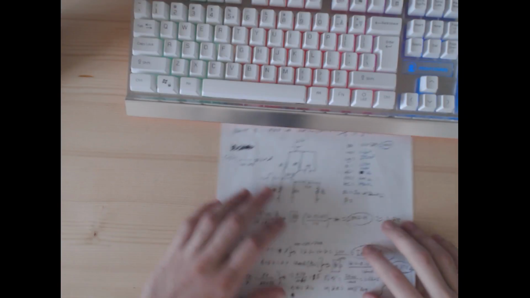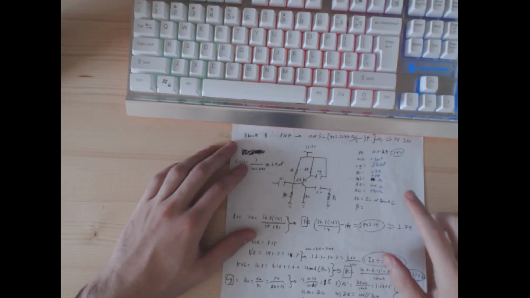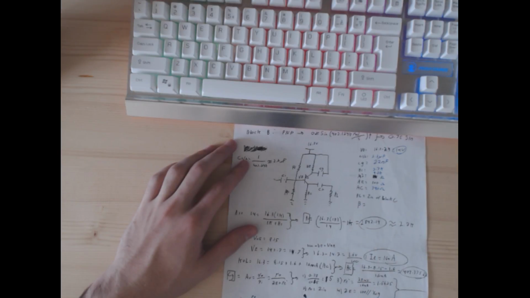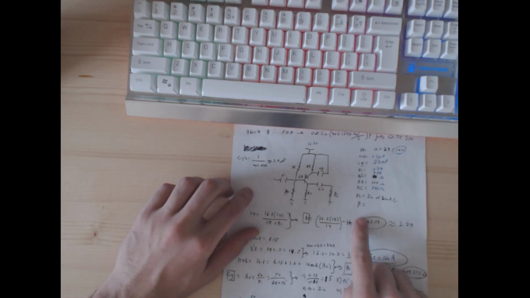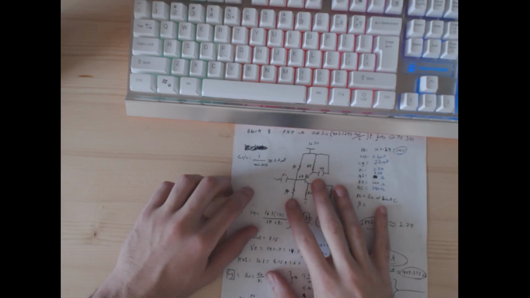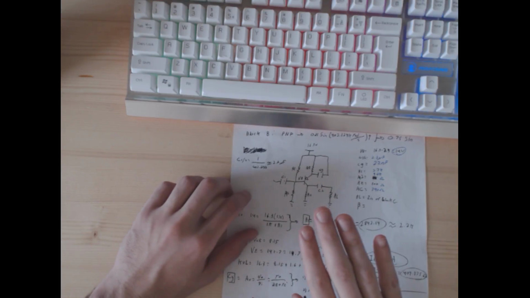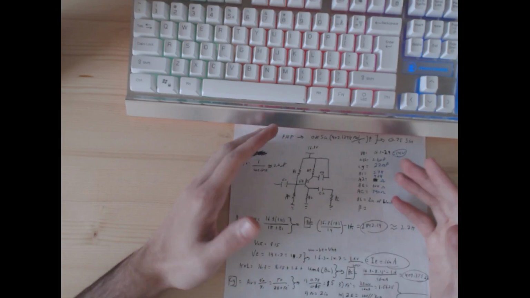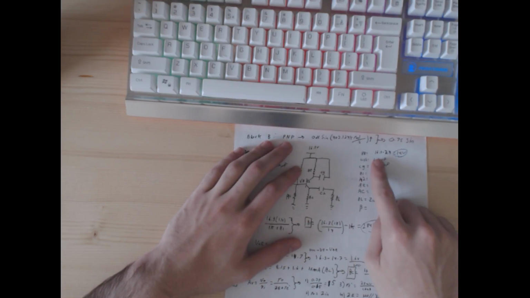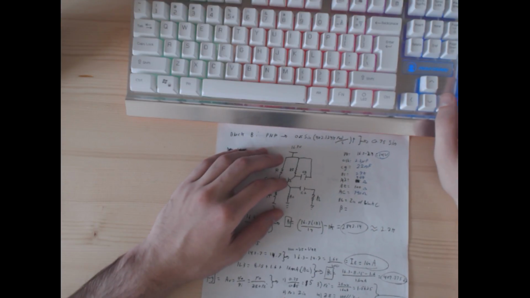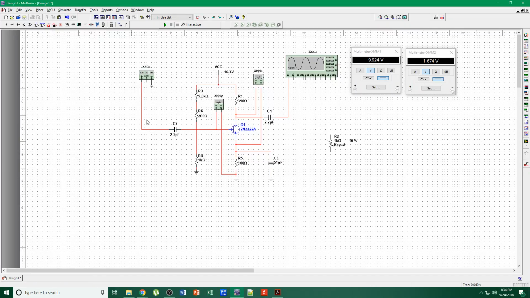A PNP, in this case, is a little different, but I need to measure my beta first. I'm just going to assemble this, which in theory should give me what I want. So let's go about doing that.